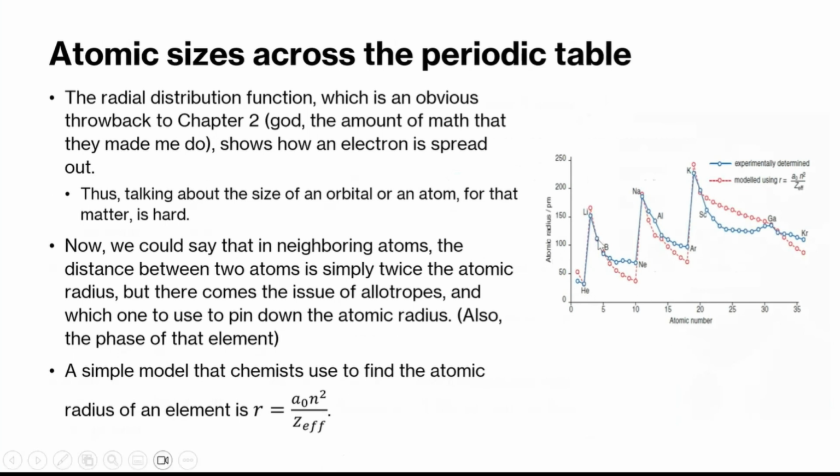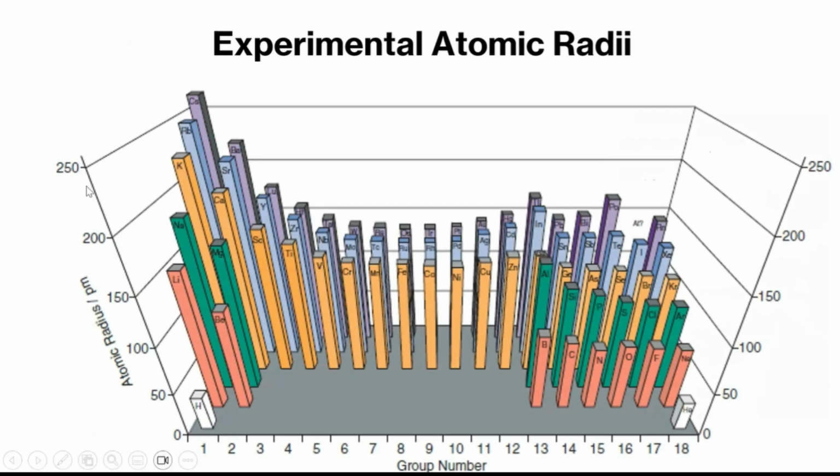And you can see in this graph right here, it actually kind of fits well with the experimentally determined data. You can see for at least most of the graph, there's somewhat of a general trend, a general fit with this model and the experimentally determined atomic radii. And right here is just a table of every single atomic radius that has been experimentally determined.